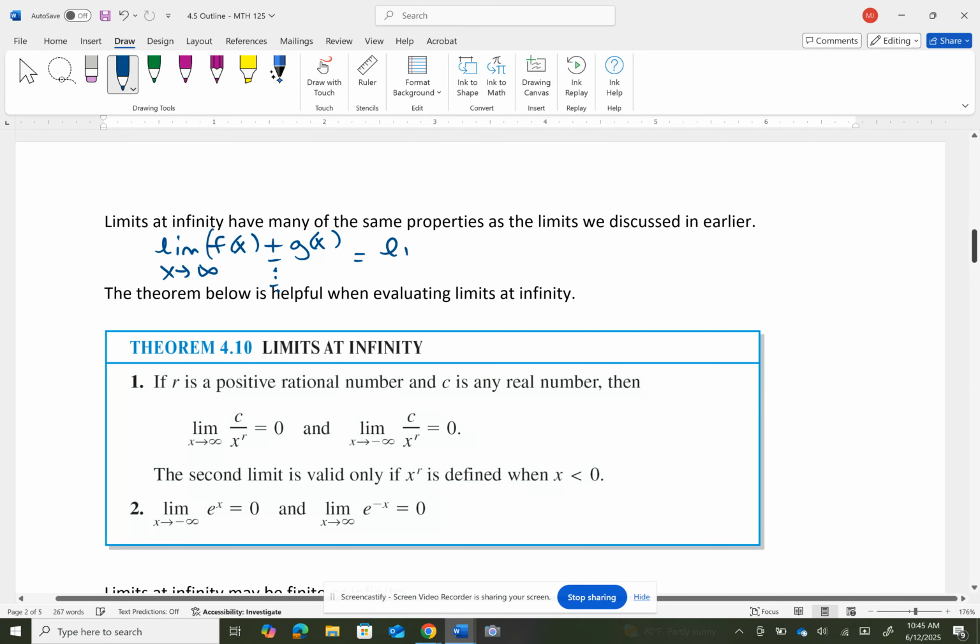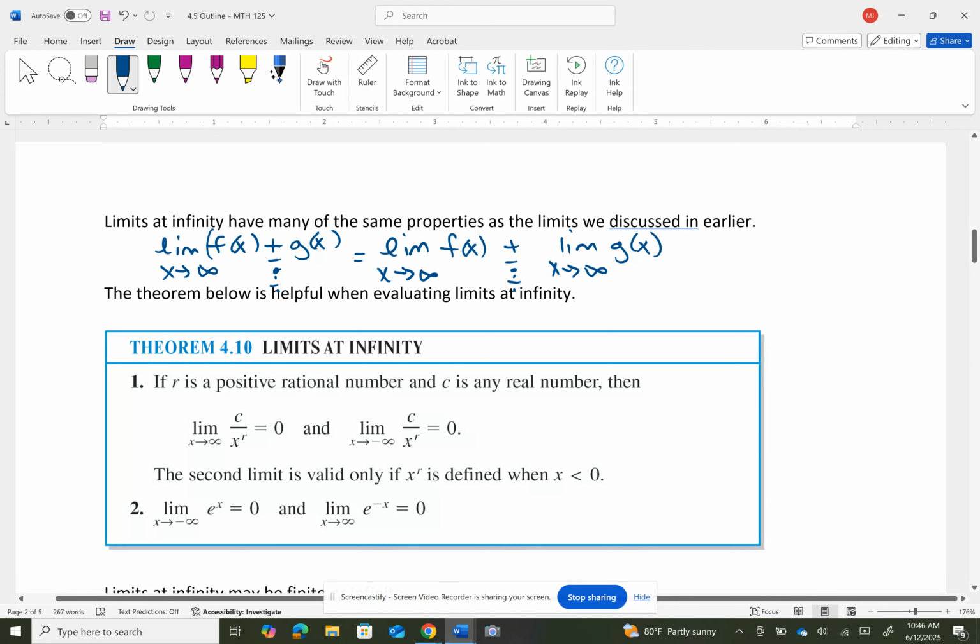That's what I'm talking about when I say same properties. What we learned before is that you could do the limit of just one of them and then the limit of the other one, and then if it was adding, add, subtract. If it's multiplying, you multiply, or if it's dividing, you divide.